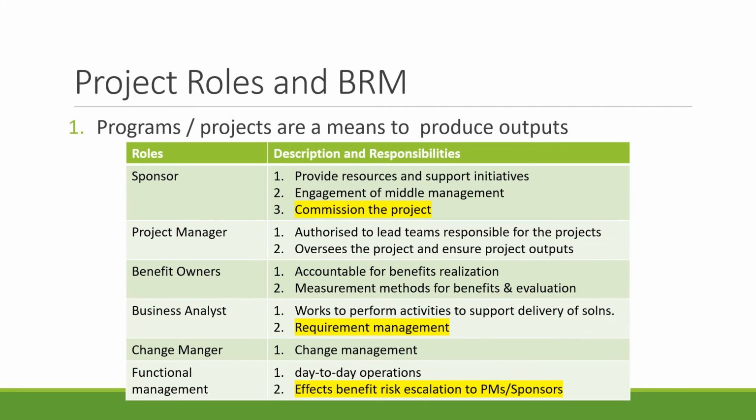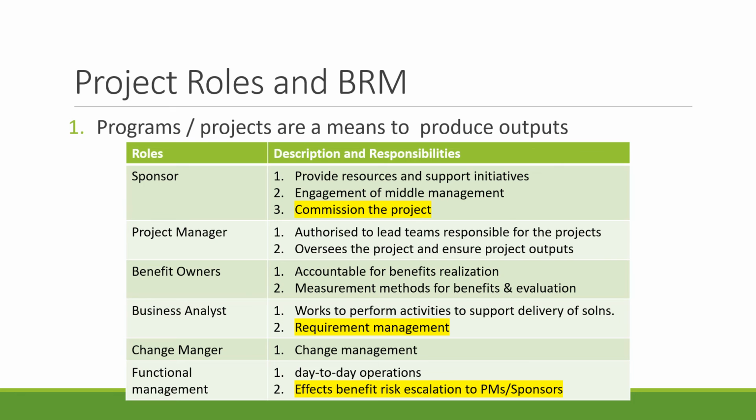The final one is project roles. The final sphere is the project roles and BRM. Right? So projects are means to produce outputs. A project is a temporary endeavor to create a unique product or service. Right? We already discussed in our PMBOK series. The role of a sponsor at project level is commissioning the project.